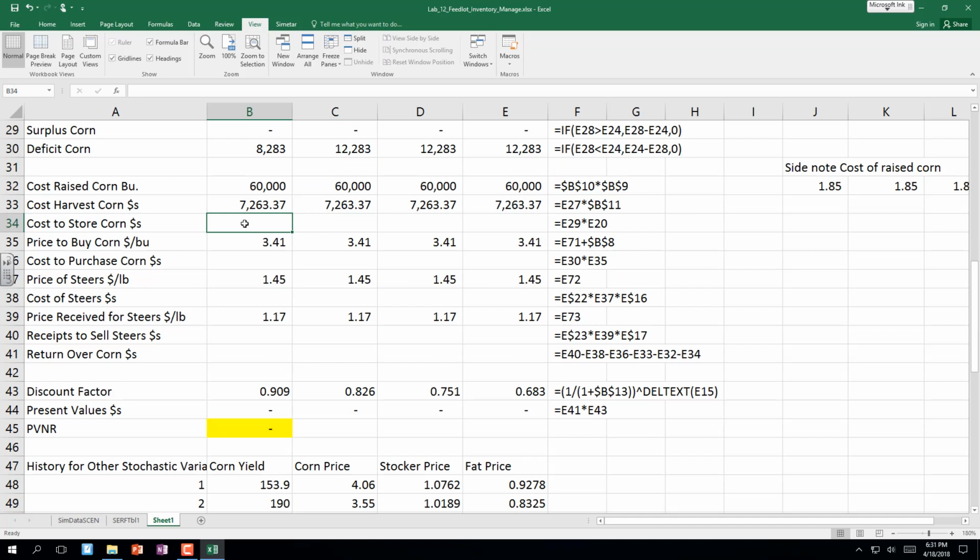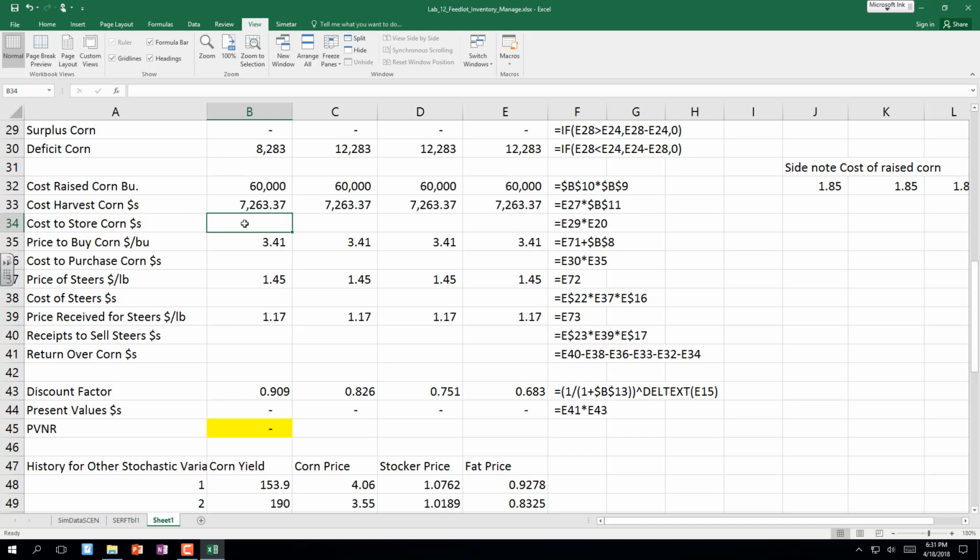Now we have to store corn. And the thing is if you have an inventory, you've got to keep it dry or it goes out of condition. I know in Montana it doesn't get wet up there often enough, but you still have to store it. And you're going to have to pay someone to insure it.